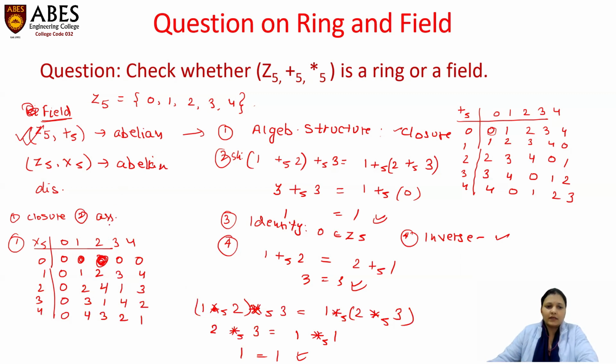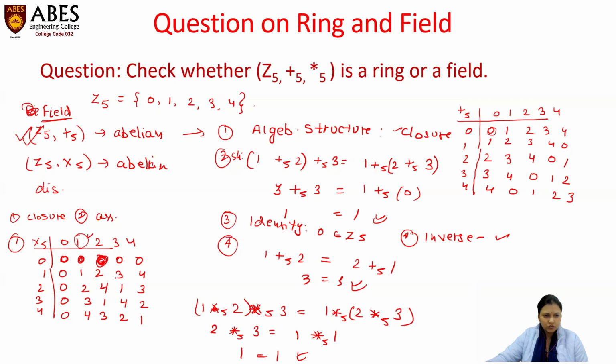Now we will check for the identity element. For multiplication, the identity element is 1, and 1 is in this set. So the identity element exists. Now we will check the fourth property, which is inverse. For 1, the identity element is 1, so the inverse of 1 is 1.